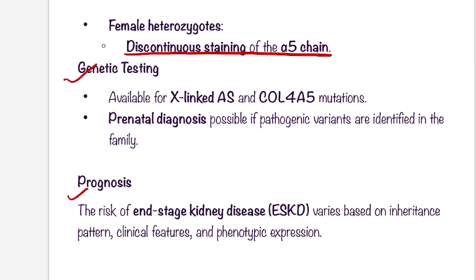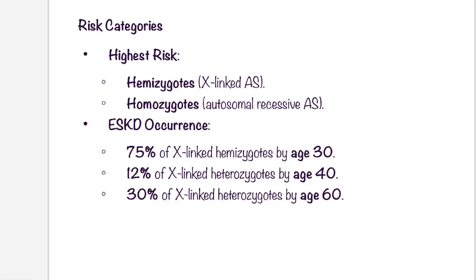Prognosis: the risk of end stage kidney disease varies. What are the risk categories in high risk? If it is hemizygous X-linked AS, it is more. Homozygous autosomal recessive is also so.